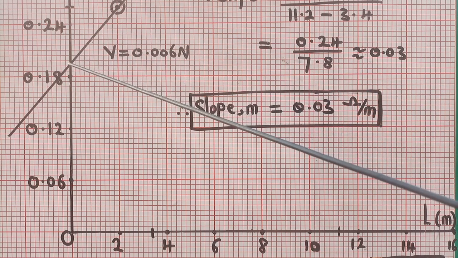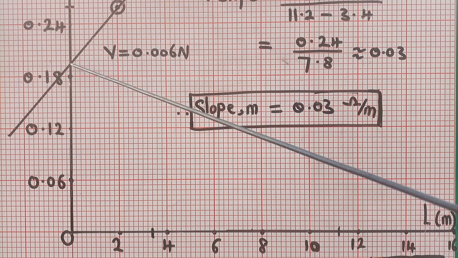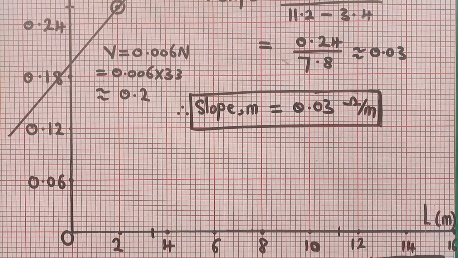Let's now know the value of this resistance corresponding to this position. Let's see. Yes, 0.006 times 33 is approximately equal to 0.2. Therefore, the vertical intercept for this graph is equal to 0.2.